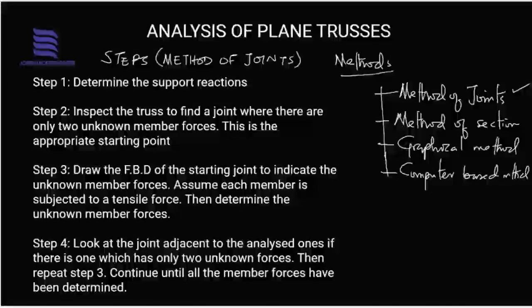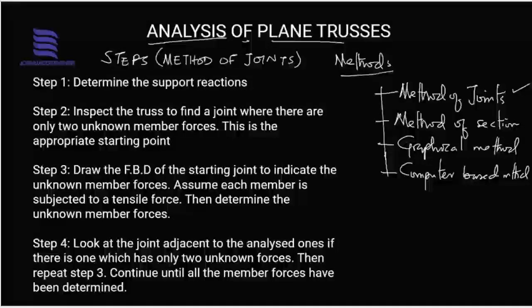This is the appropriate starting point. Step three says draw the free body diagram of the starting joint, that is the joint you have selected as the appropriate starting point, to indicate the unknown member forces. Assume each member is subjected to a tensile force. You may want to pay attention to all of these things. Then determine the unknown member force.